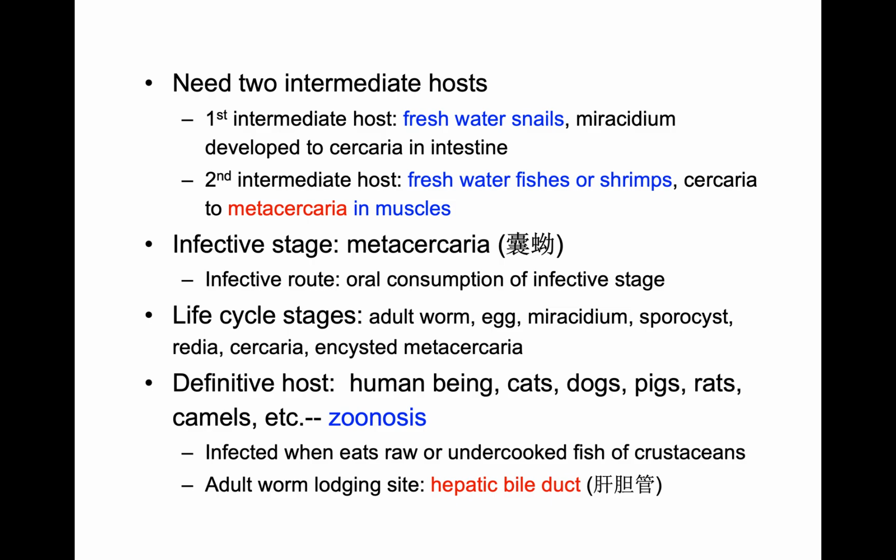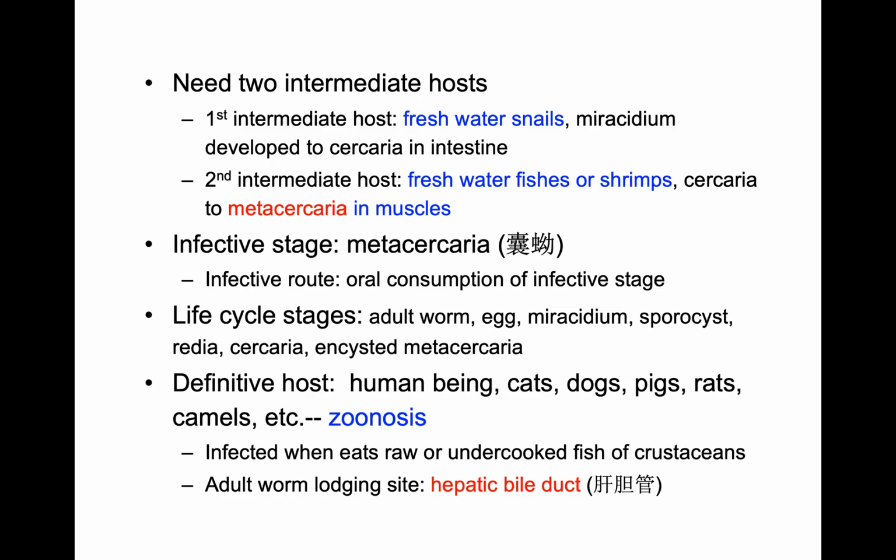But why are we calling this liver flukes? It's because many of the eggs were excreted, and then they can block the bile duct.